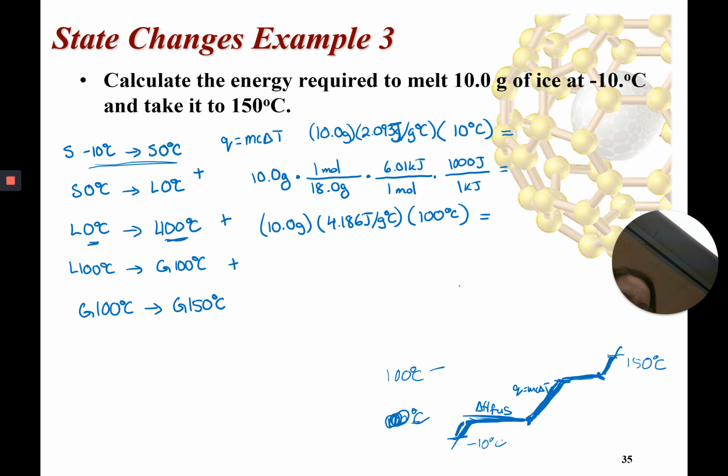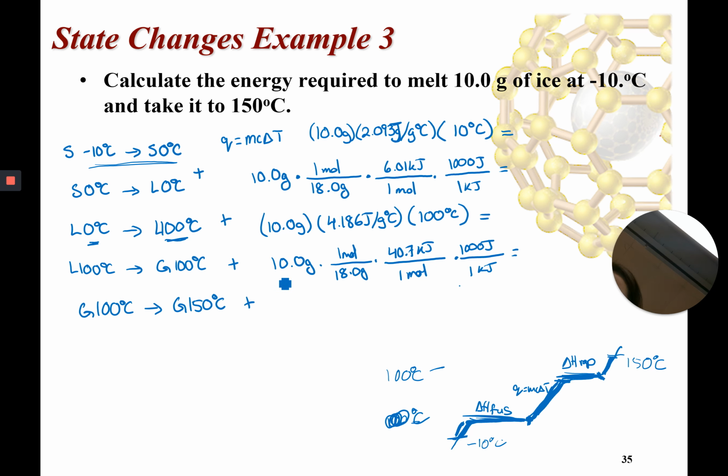Plus, next step is this right here, which is vaporization. So we're going to use heat of vaporization. So 10.0 grams, change that to moles. Then we're going to say it's 40.7 kilojoules for every mole, but then go from kilojoules to joules.